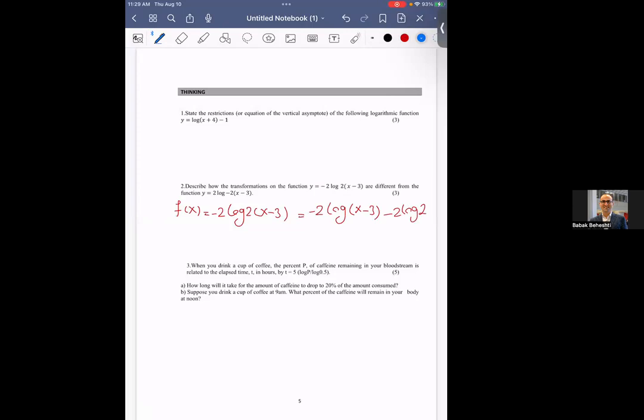So what I'm saying, I'm writing on the top, log of 2 times x minus 3 is equal to log of 2 plus log of x minus 3. The sum of the two logs is the log of the product. Now the second function reads g of x equal to 2 times log of minus 2 times x minus 3.